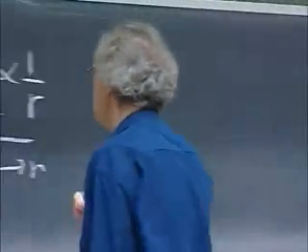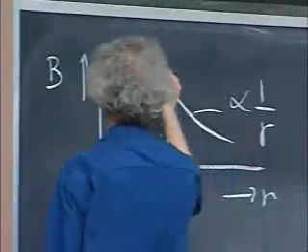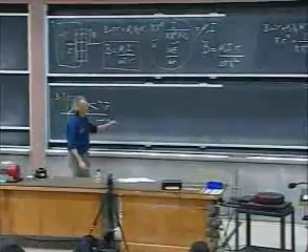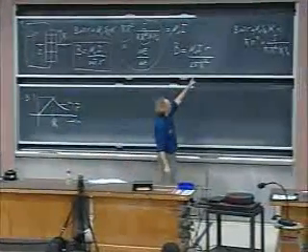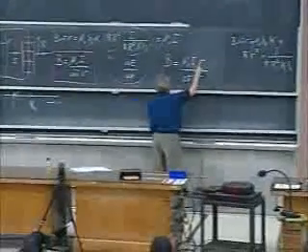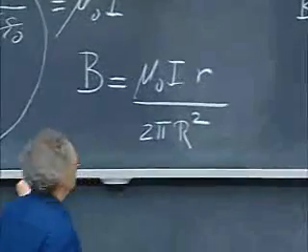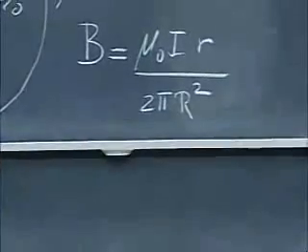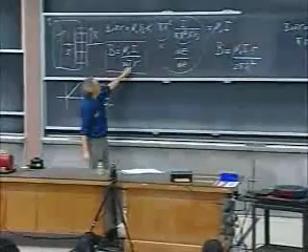The strength here, the maximum magnetic field here, you find by substituting in there for little r, capital R. And when you do that, if this becomes capital R, this becomes 1 over capital R. If you had substituted in here for little r, capital R, you would have found the same result.